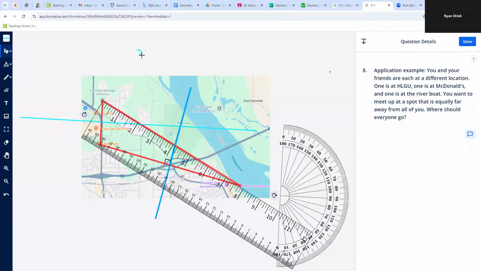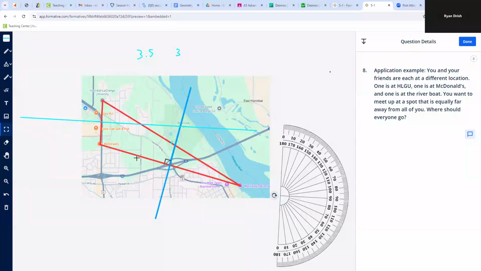So half of 7 is 3.5. And I had how many tick marks? 1, 2, 3, 4, 5, 6 tick marks. So half of 6 tick marks is 3 more tick marks. So I'm going to look for 3.5, which is right here, and then go up 3 tick marks: 1, 2, 3. And here's the midpoint.